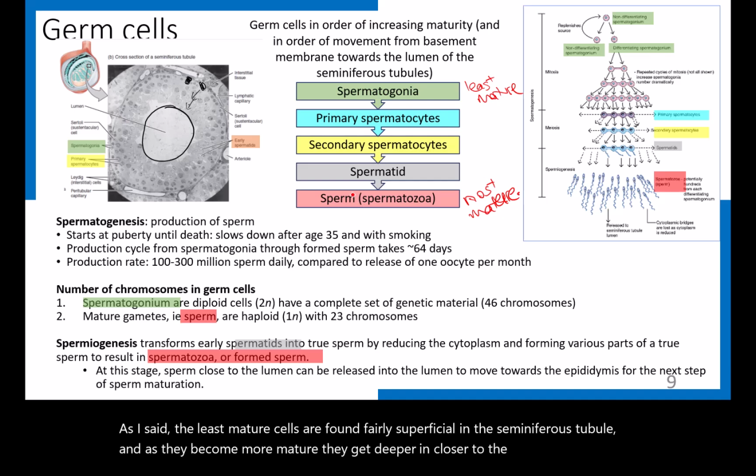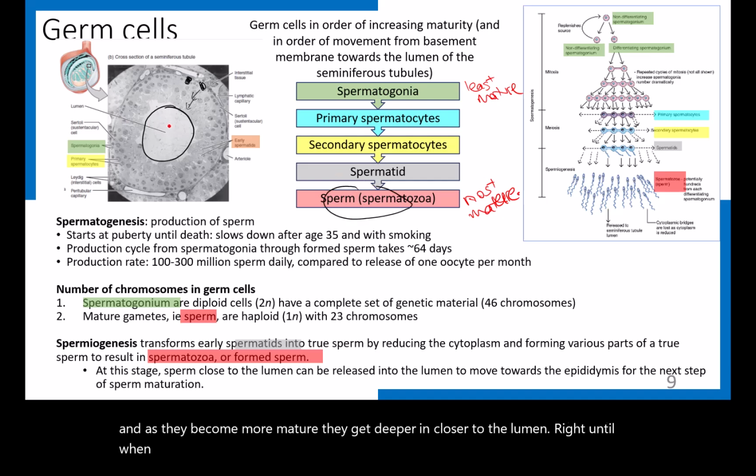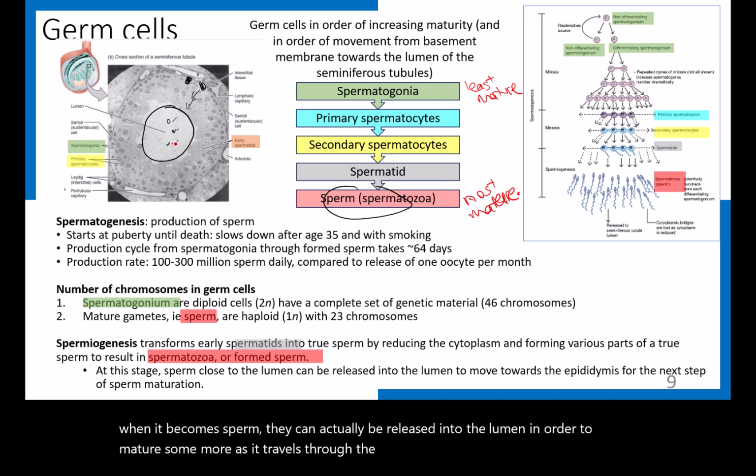Until when it becomes sperm, it can be released into the lumen to mature some more as it travels through the tubing that is most of the male reproductive system.